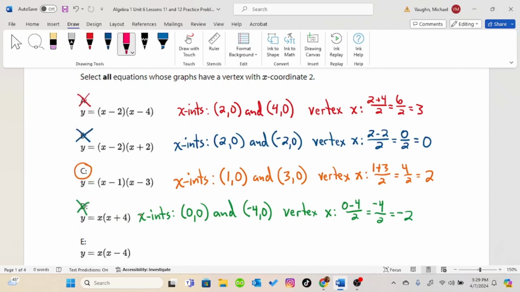And finally, E. The first x-intercept, we set x equal to 0, and we have the origin. Then we would need 4 because 4 minus 4 equals 0.